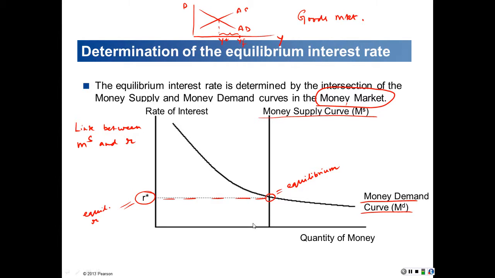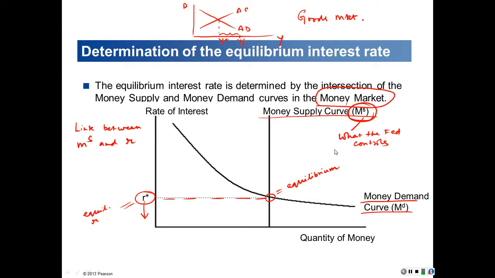Remember, the Fed would want to do something to this equilibrium interest rate in order to stimulate consumption spending, investment spending, and net exports. What would it want to do to the interest rate? Lower it, is that correct? Right? Now, in order to lower it, the Fed would do what to the money supply? Because the money supply is what the Fed controls.